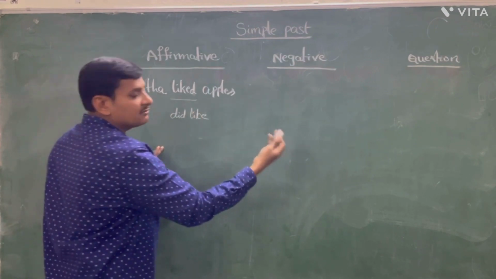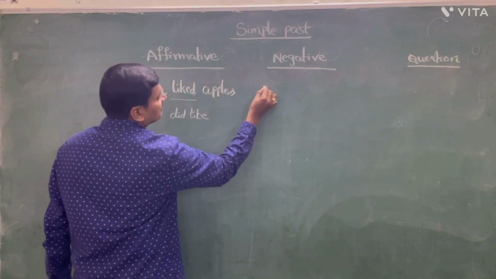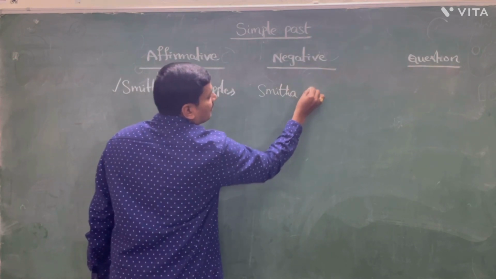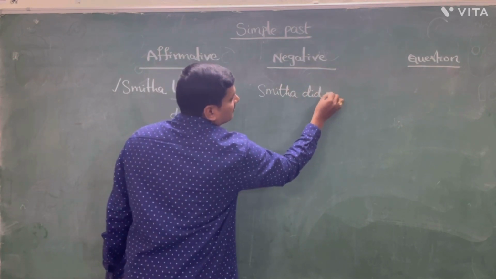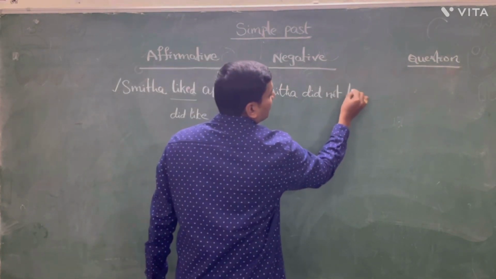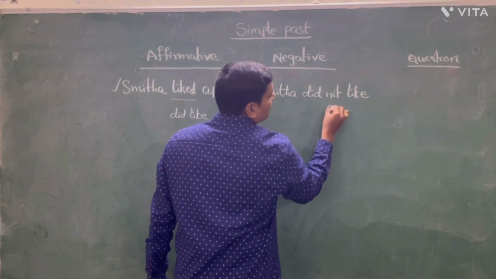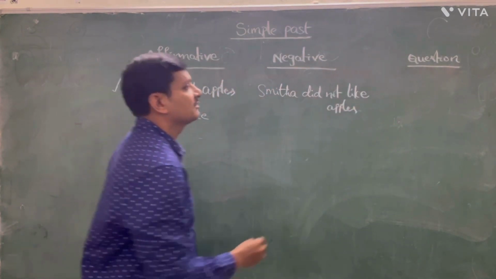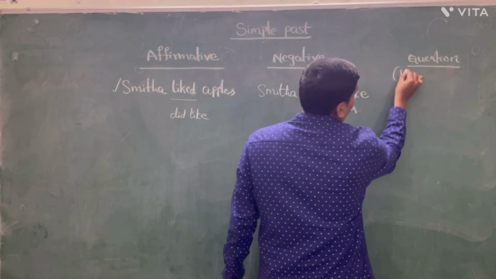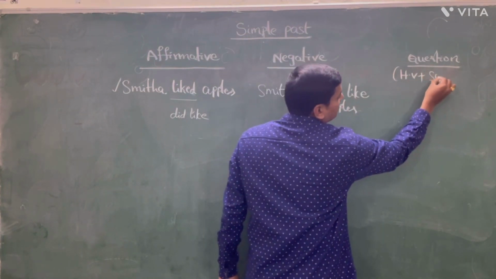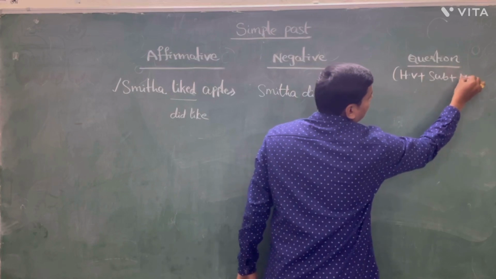Okay? But when you write the negative, tell me the negative of "Smita did like apples". Didn't, or did not like apples. Question format is helping verb plus subject plus main verb.